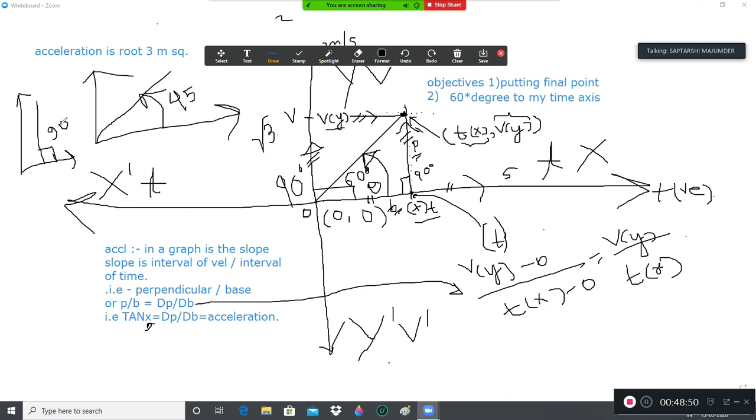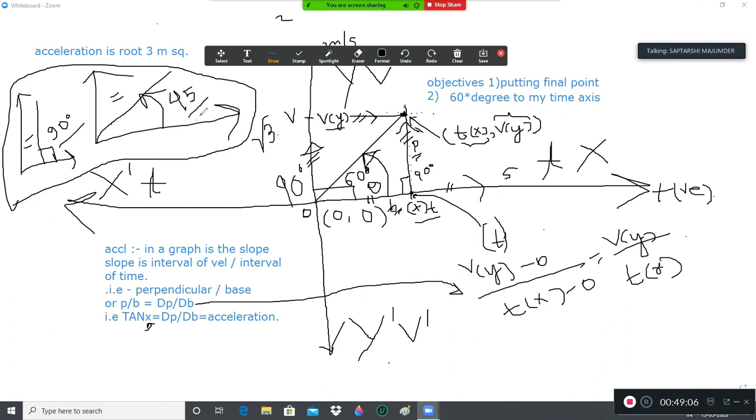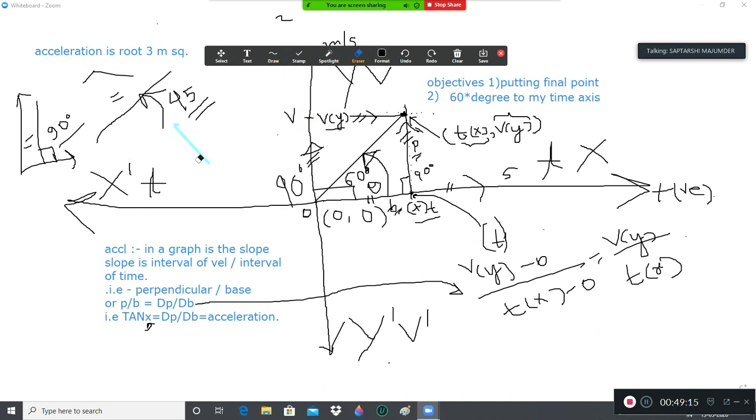Now you all say what will be the acceleration for these two graphs. I have told you acceleration is nothing but tan theta. So theta is given, and find the value of tan of this particular value, and you can get the acceleration. So I hope you all understood this session very well.